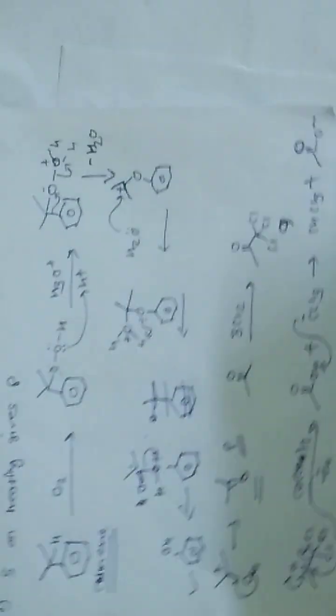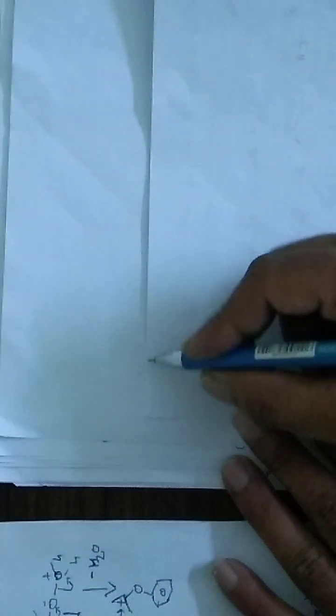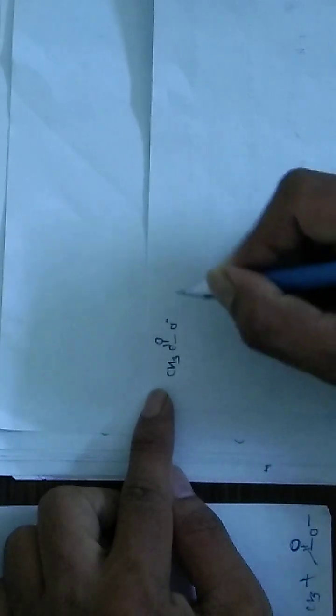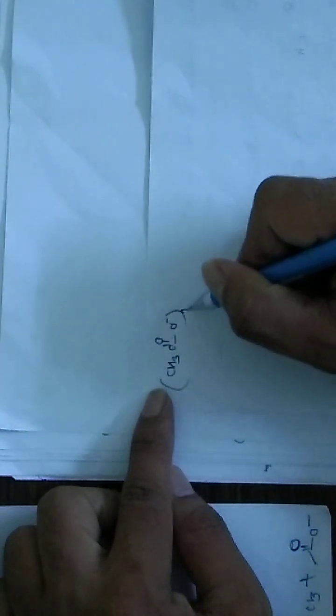And what is the counter ion of that O-? I'm writing here calcium, but calcium is divalent, therefore in molecular formula I write CH3C=O-O-. Calcium is divalent, therefore these two are bonded with one calcium, so calcium acetate is the formula, along with CHCl3.